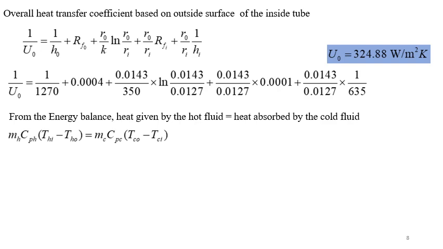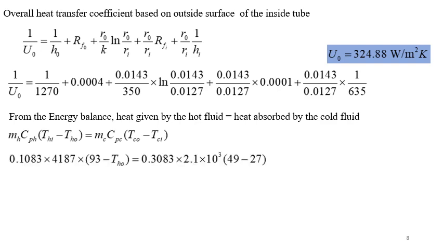Substitute the corresponding values of mass of hot fluid as well as cold fluid, specific heat of hot fluid as well as cold fluid, and the temperature values. So substituting all the values, TH naught is equal to 61.58 degrees centigrade.